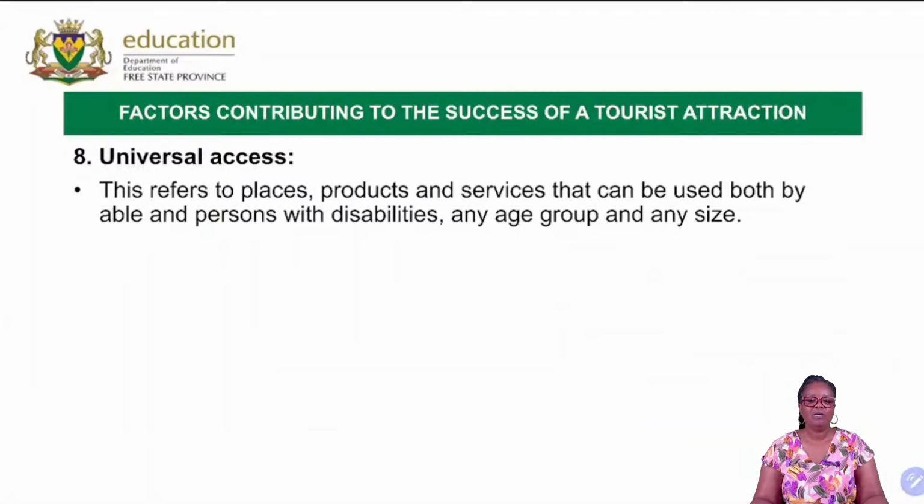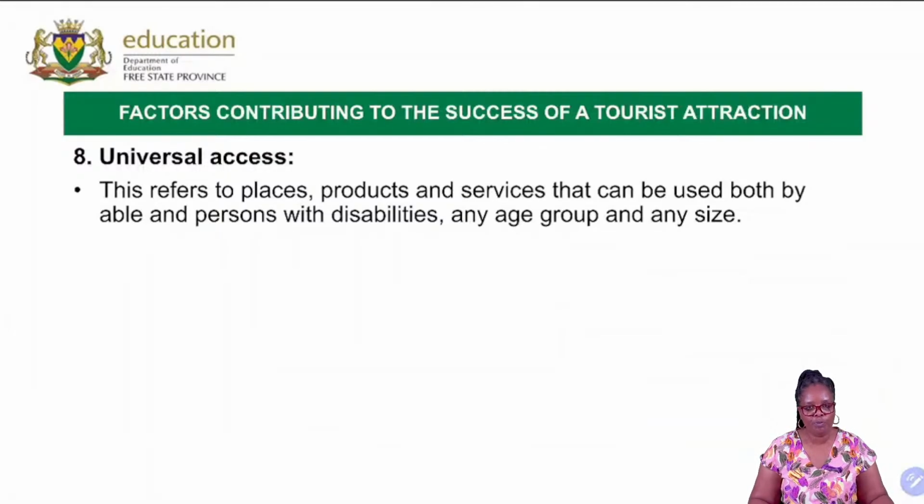It refers to the places, to the products and services that can be used by able persons and those with disabilities. There are not supposed to be things which people with disabilities cannot use. They must have access to everything in the attraction.